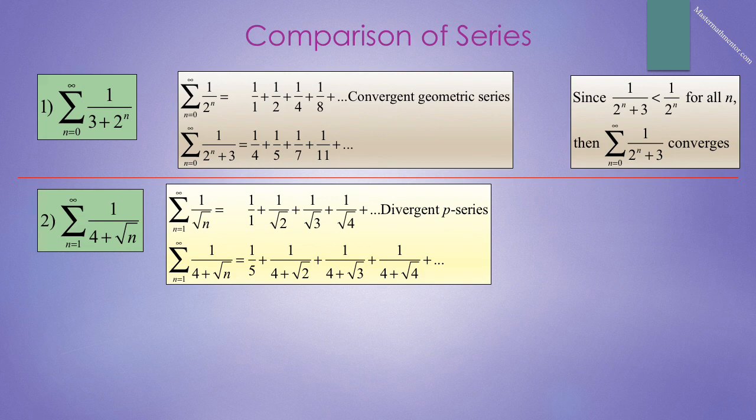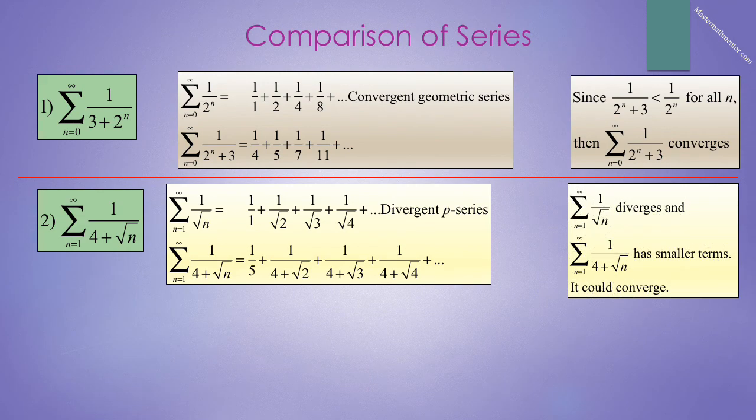So we set up the first few terms of the summation n equals 1 to infinity of 1 over the square root of n, and the summation n equals 1 to infinity of 1 over 4 plus the square root of n. And we see that in all cases, 1 over the square root of n will be greater than 1 over 4 plus the square root of n.